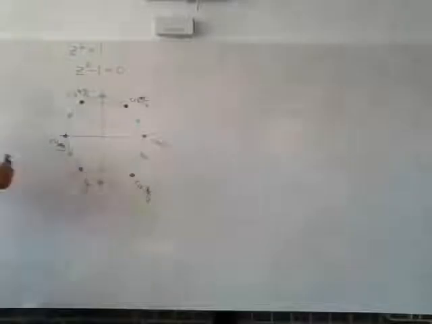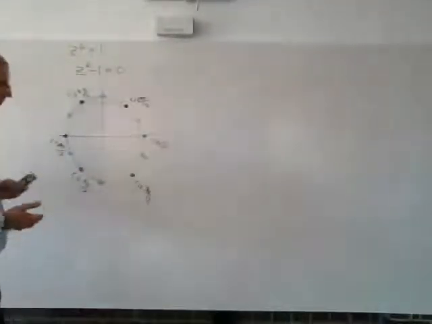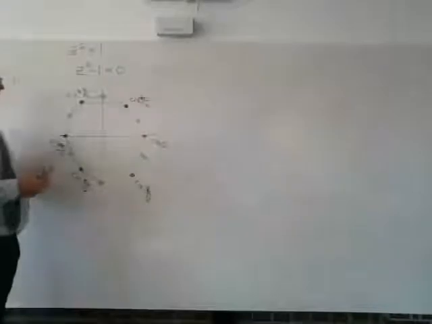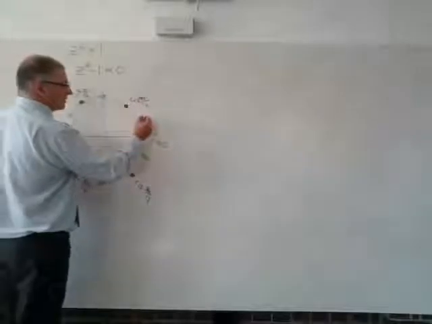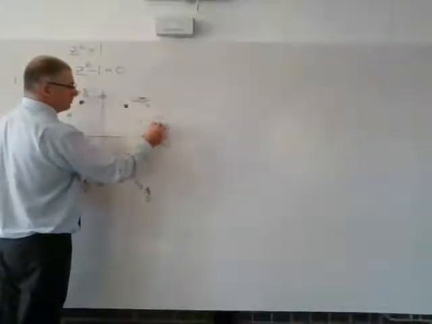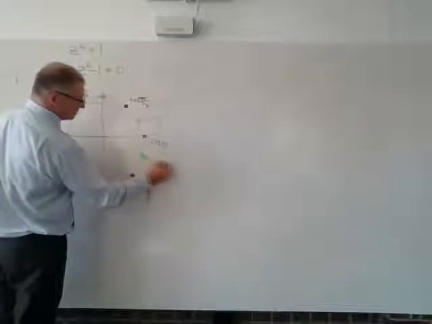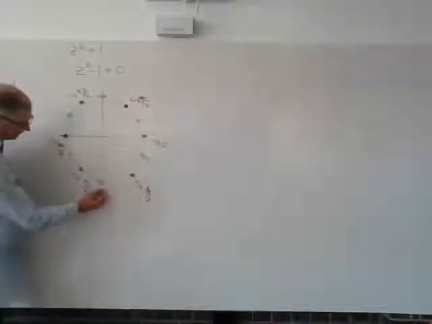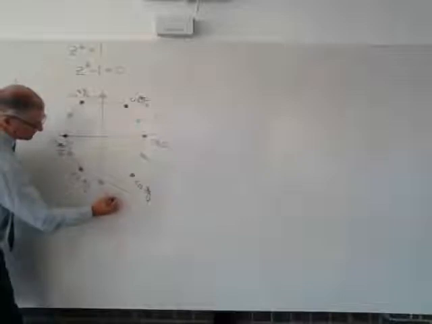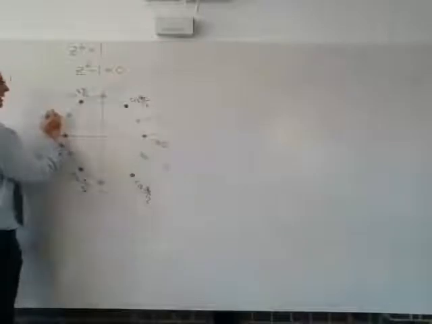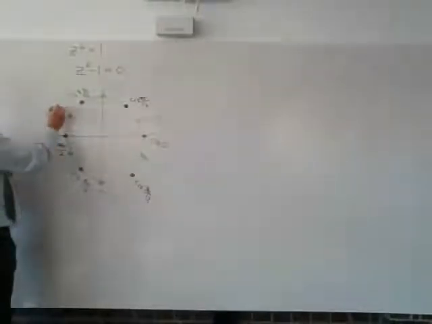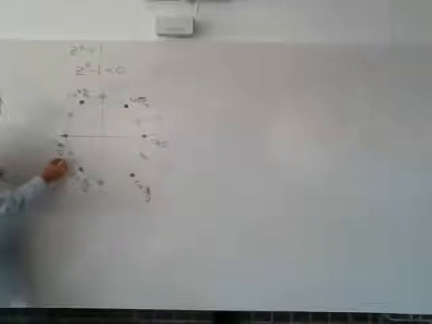So if we do build up this polynomial out of 12, and this one was the one that was halfway in between there, so this will be cis of 2 pi on 12 and cis of minus 2 pi on 12, and this was cis of minus 6 pi on 12 and cis of 6 pi on 12 and cis of 10 pi on 12, and this one here is cis of minus 10 pi on 12.